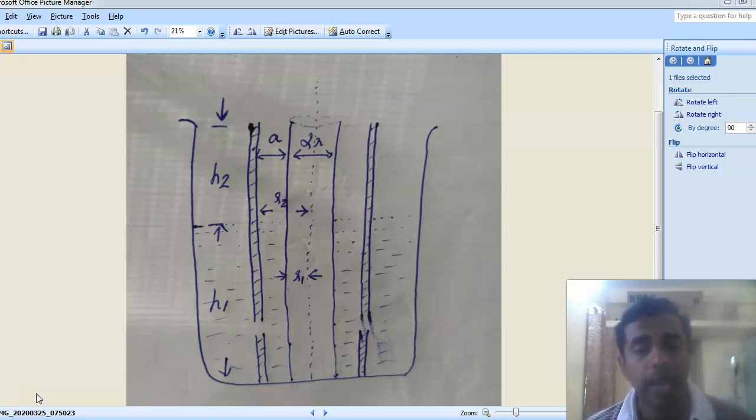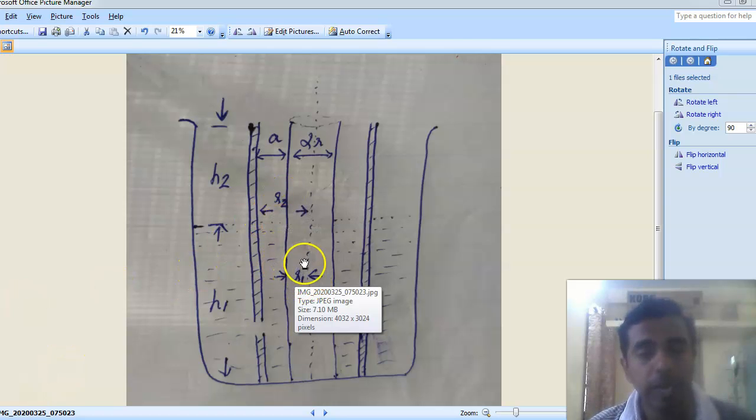And in that tank we have two concentric cylinders. The outer concentric cylinder has an outer radius of R2, and the inner concentric cylinder has an inner radius of R1. So you can see from the figure that R1 is the inner radius of the inner cylinder, and R2 is the outer radius of the outer cylinder.